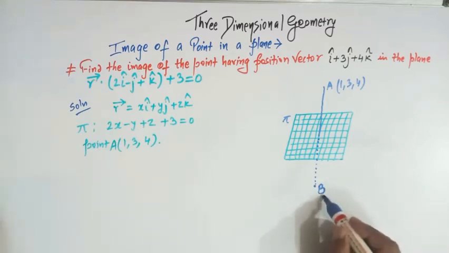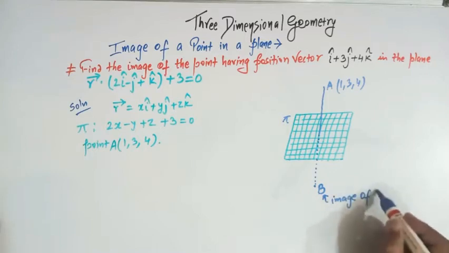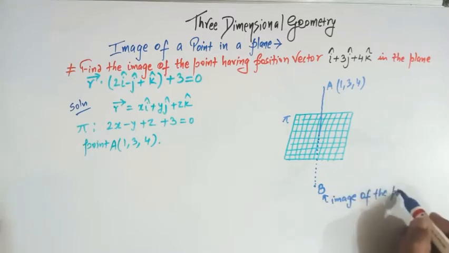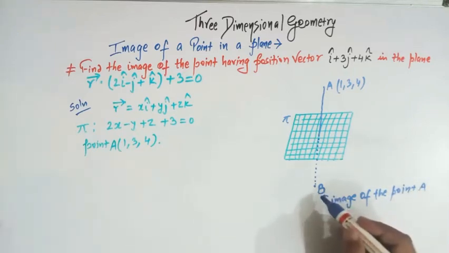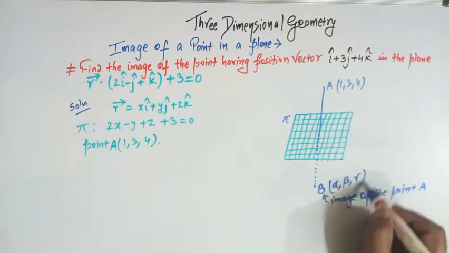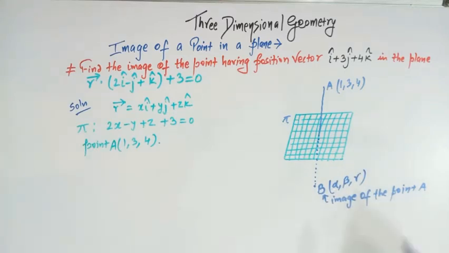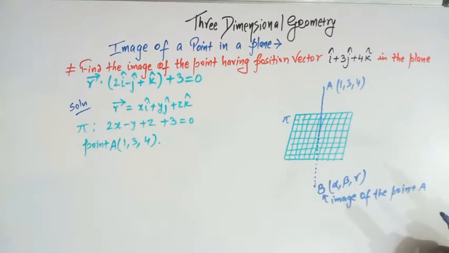So B is the image of the point A, right? Okay, so let the coordinates of this point B be alpha, beta and gamma, right?